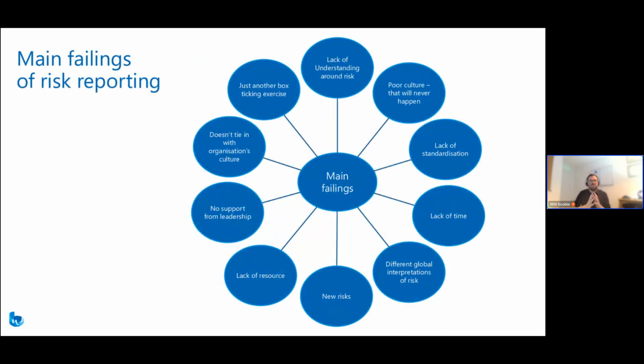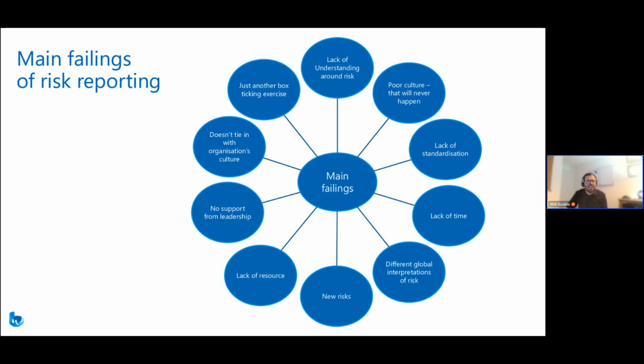And this slide, thinking about some of the main failings around risk reporting specifically. These are just some of the things that I've seen when I was looking through recent projects with clients and thinking about impacts. These are some of the main failings. So I won't go through all of them, but a big one: lack of understanding around risk. So do people really understand what we're talking about?